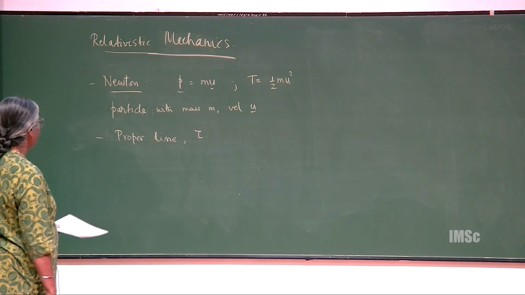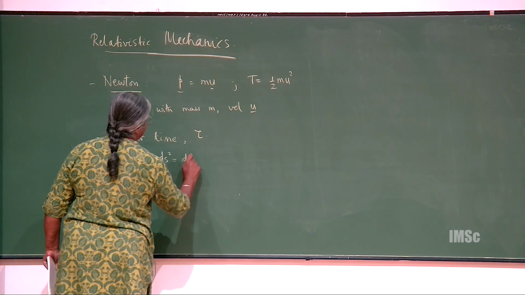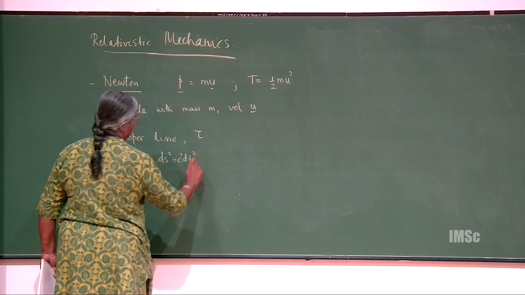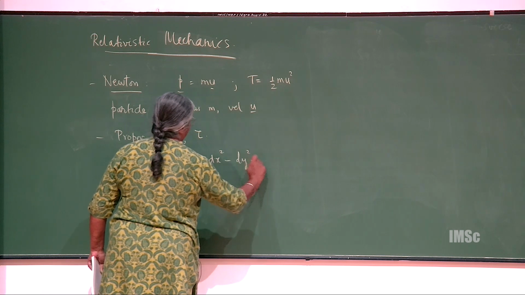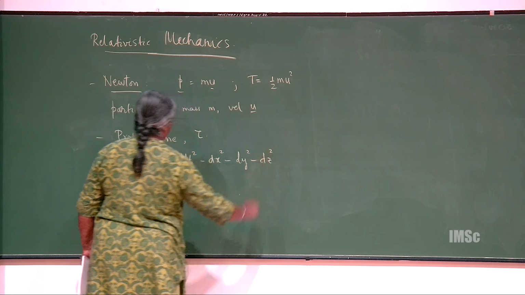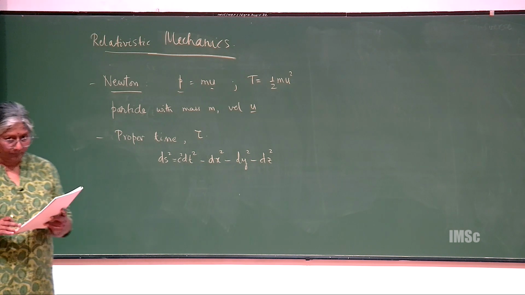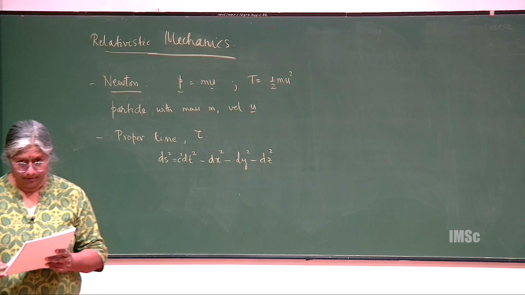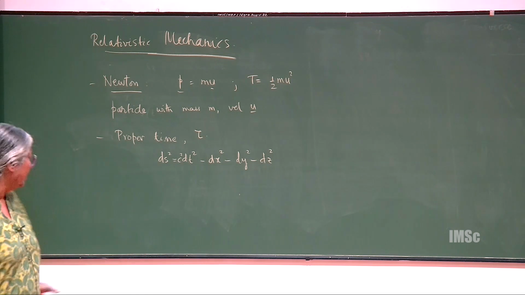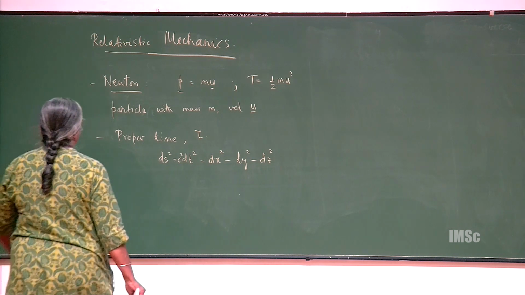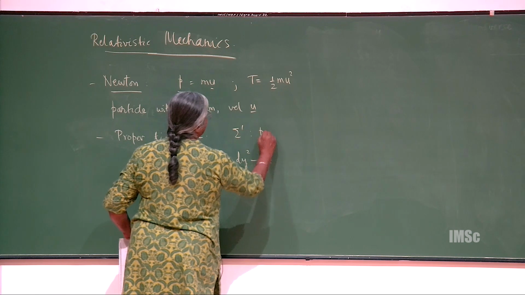There is a very important property, yesterday we saw, I wrote already this ds squared is c squared dt squared minus dx squared minus dy squared minus dz squared. So a small change in the length is given by this, and now the proper time is defined in sigma prime when the particle is at rest, right.